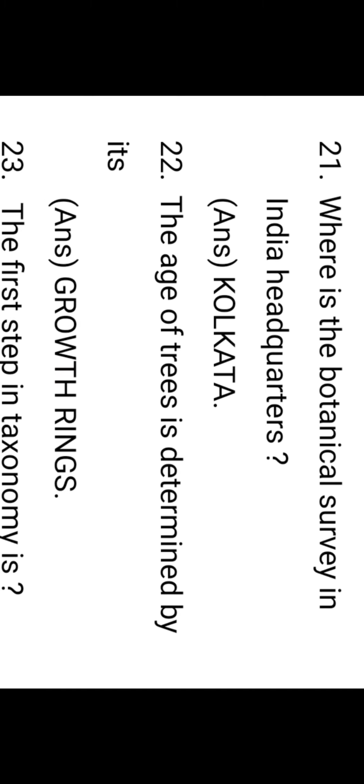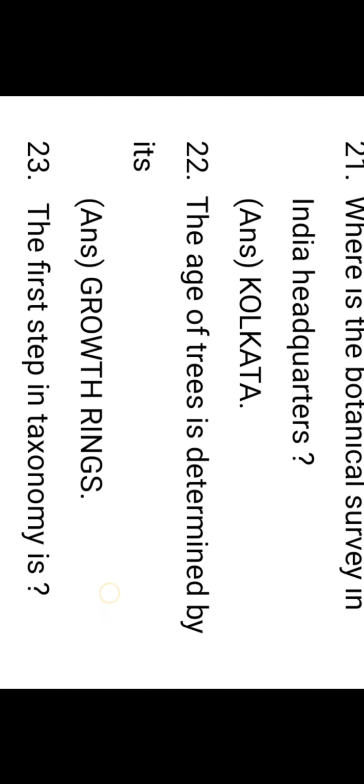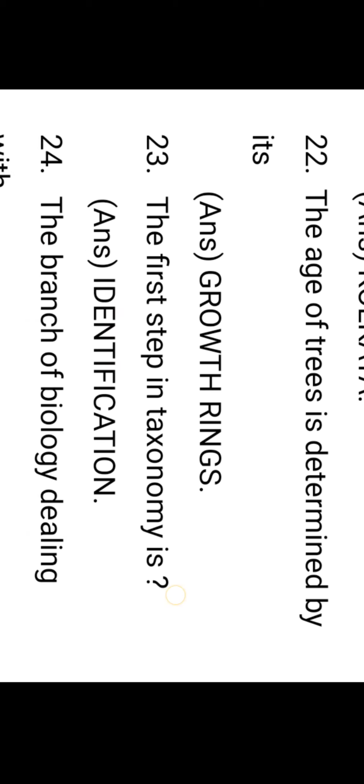Where is the Botanical Survey of India headquartered? This is Kolkata. The next question. The age of trees is determined by the growth rings. These rings form when a big tree is cut. You can observe the rings and count them, and it can be identified how many years old the tree is.